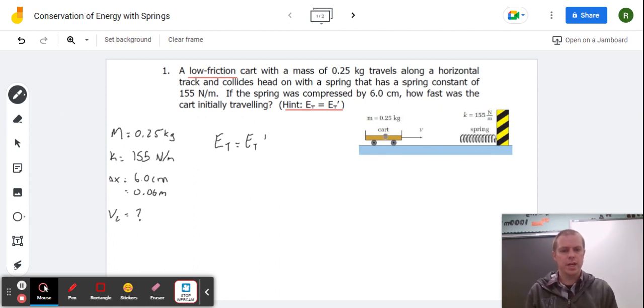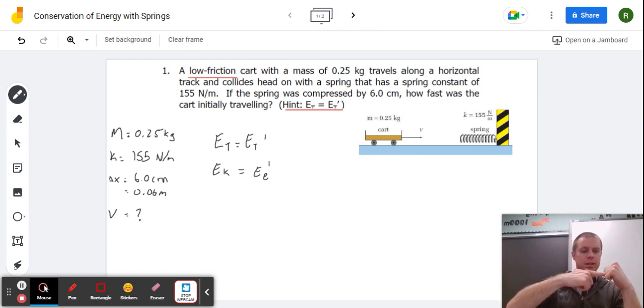So at the start, we have only kinetic energy that we're trying to find. And at the end, all of that gets converted into elastic potential energy. So the cart's going to go into the spring. It's going to compress the spring until it stops, storing all the energy in the spring, at which point the spring will release and transfer the energy back.